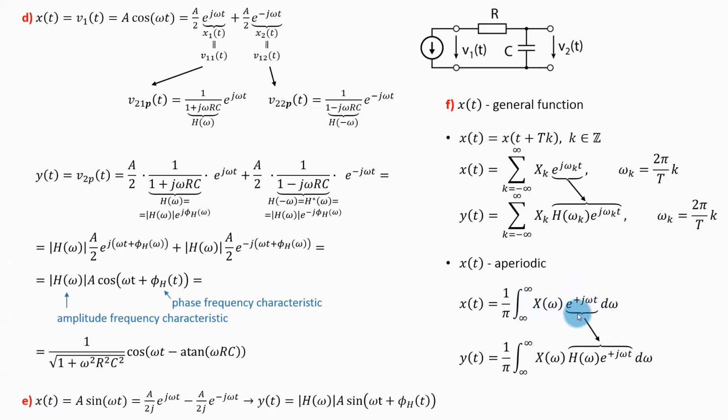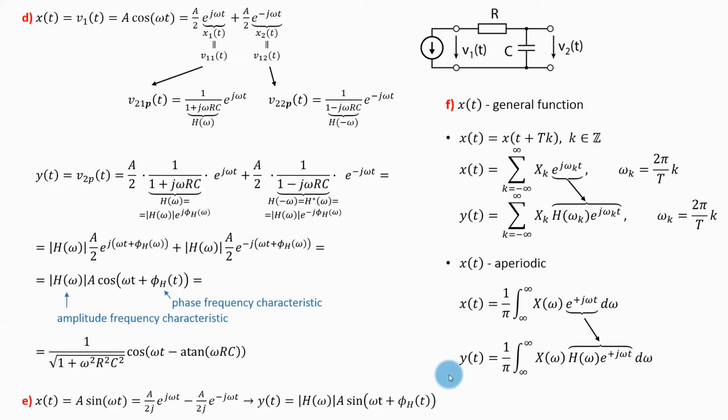When these exponentials are passed through the system, it multiplies each of them with a complex number that corresponds to the system's frequency characteristic at the frequency of the complex exponential. So this will become my output signal. It may not fit the initial conditions yet, but I can use it as a particular solution.